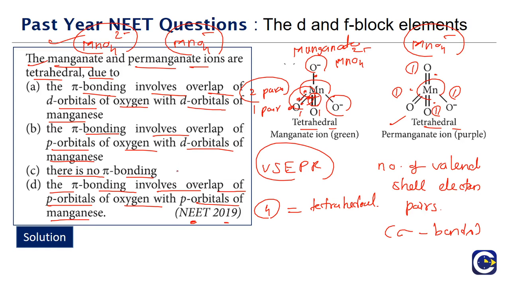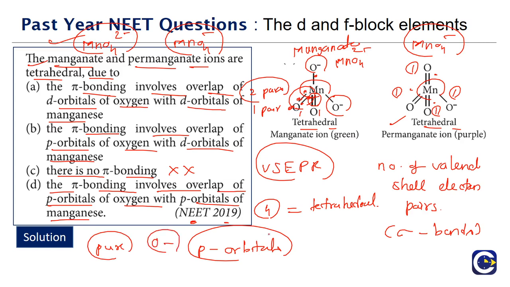So when we say there is no pi bond, that is incorrect. There are pi bonds. What are these pi bonds? For the oxygen, it is the p orbitals. Pi bonds are formed by pure or unhybridized orbitals. So for the oxygen, the orbitals where there are electrons are the p orbitals.